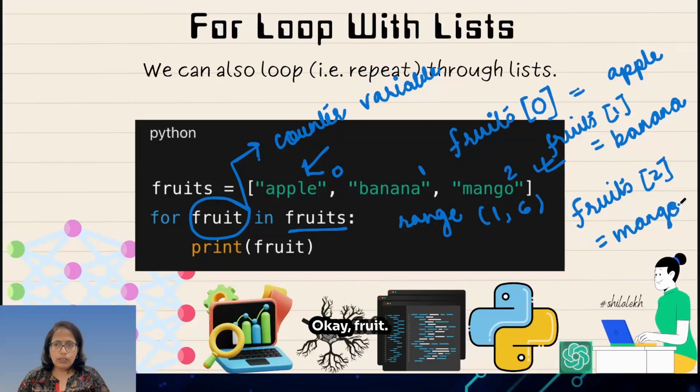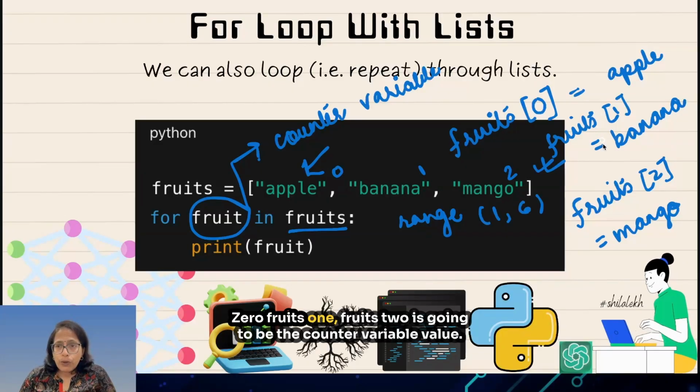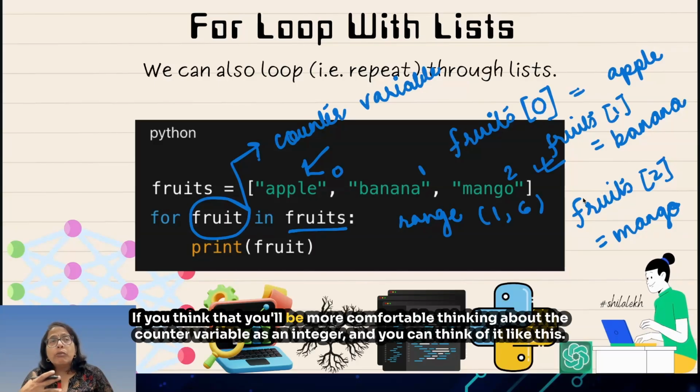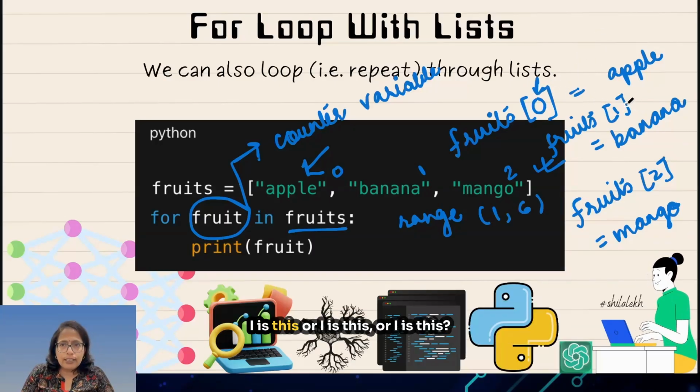Okay, fruits 0, fruits 1, fruits 2 is going to be the counter variable value. If you think that you will be more comfortable thinking about the counter variable as integer, then you can think of it like this, that I is this, or I is this, or I is this.